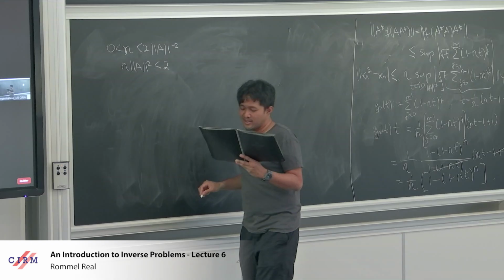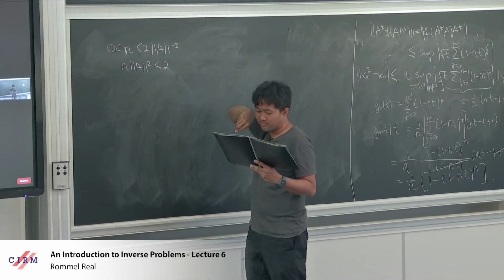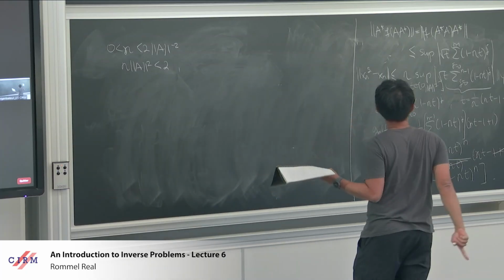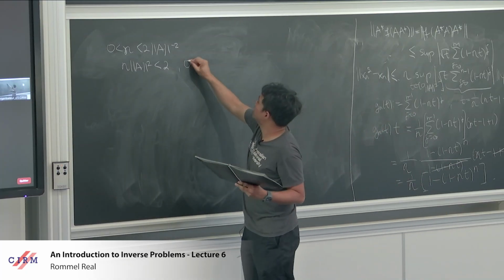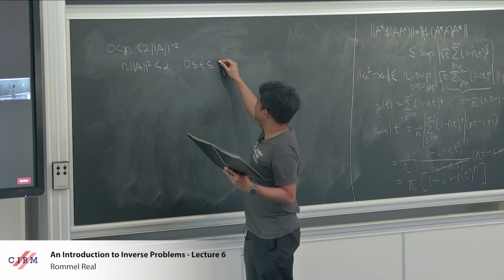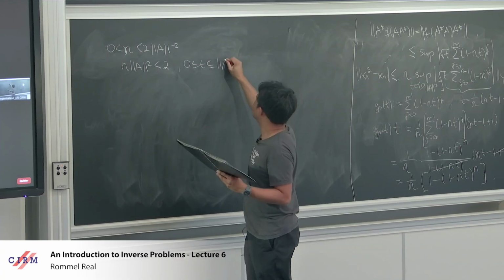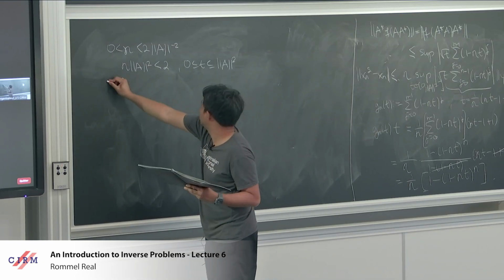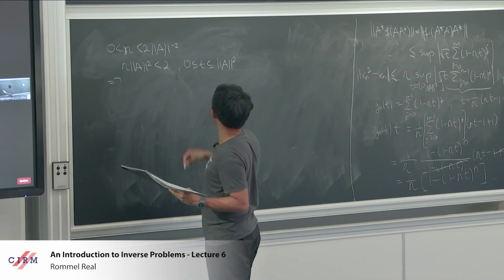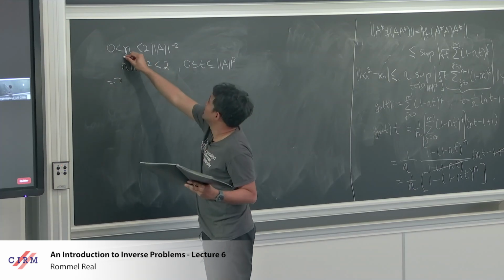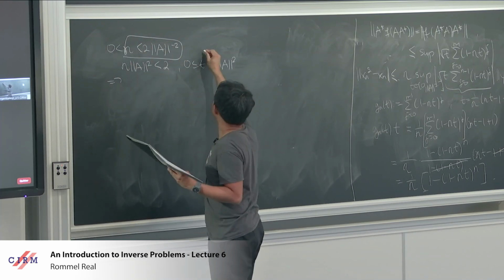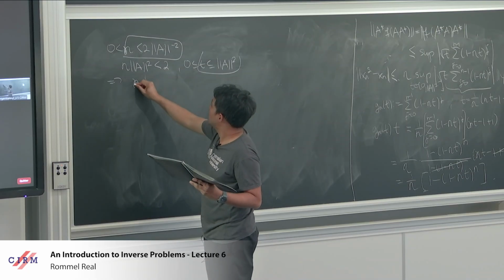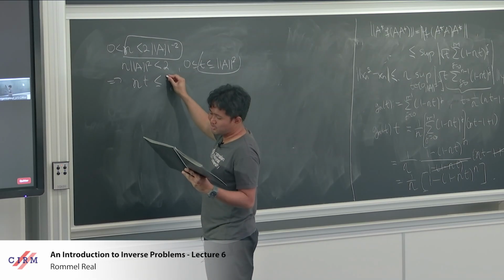Also, when we take the supremum, t is from 0 to the norm of A squared. So if you combine these two, you can see that eta times t is less than or equal to 2.